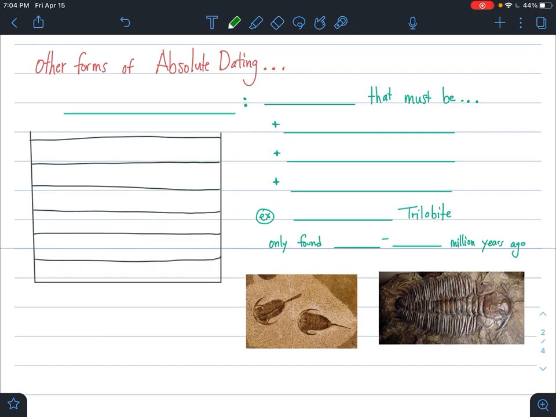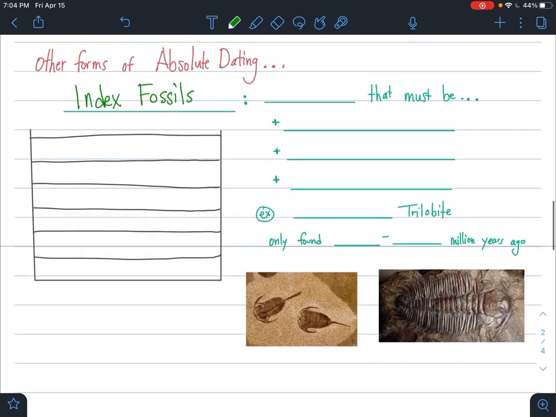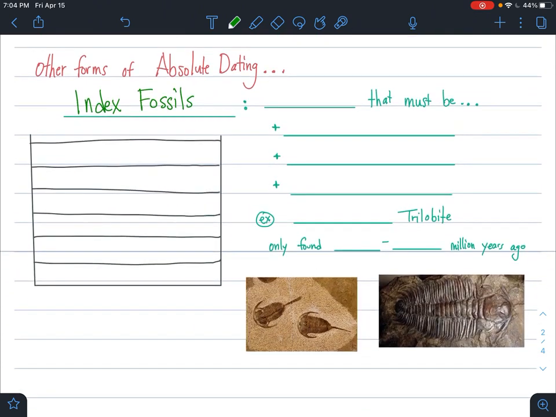There is one other form of absolute dating, and it doesn't relate to the way that isotopes break down. Instead, these are known as index fossils. There are things that were living much before 50,000 years ago, and some of these have been fossilized. The example we'll look at here is something known as a paradoxide trilobite.